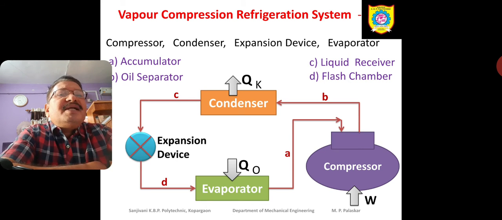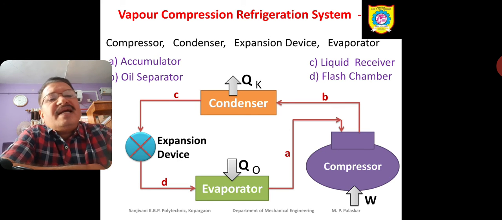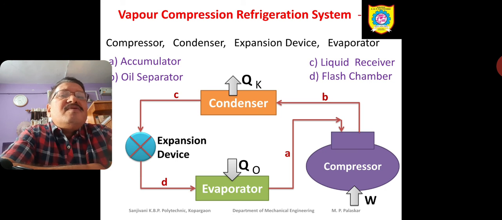Then in some cases, for increasing the efficiency, a flash chamber is also used between the expansion device and the evaporator. Some refrigerant gets flashed into vapor in the expansion device itself, before entering the evaporator. It is not advisable for vapor to enter the evaporator, and therefore this vapor will directly enter the compressor.